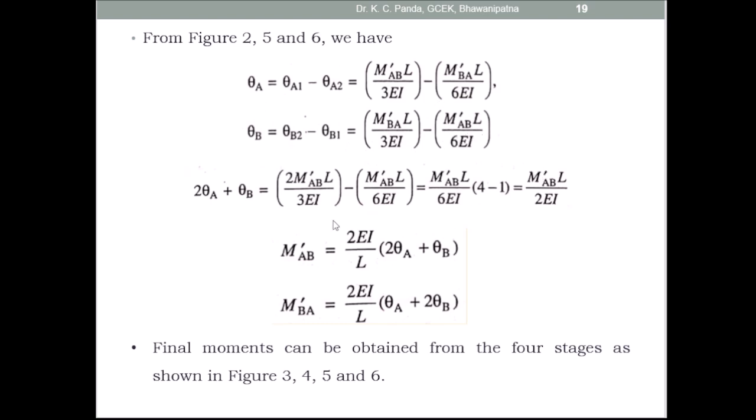Then you take 2 theta A plus theta B, which is equal to M dash AB L by 2EI. Then from this relation you can find out M dash AB is equal to 2EI by L into 2 theta A plus theta B. This is the rotational moment that you get from the rotational displacement.